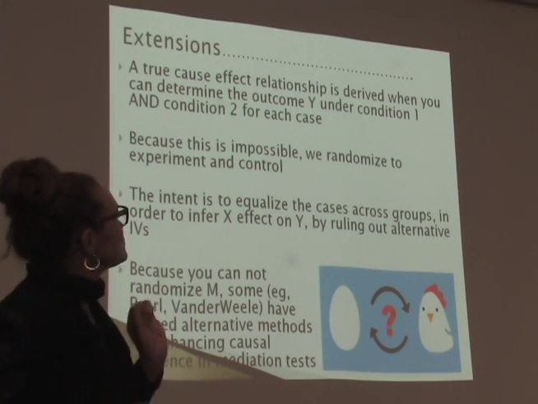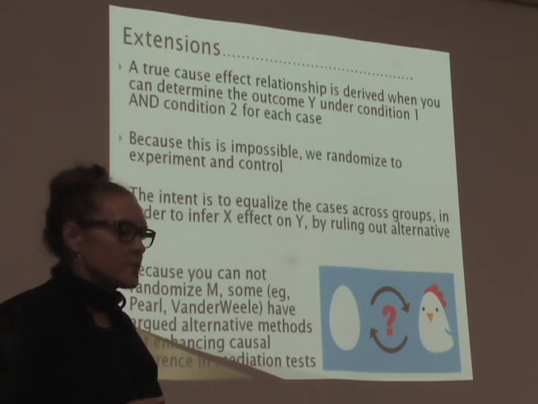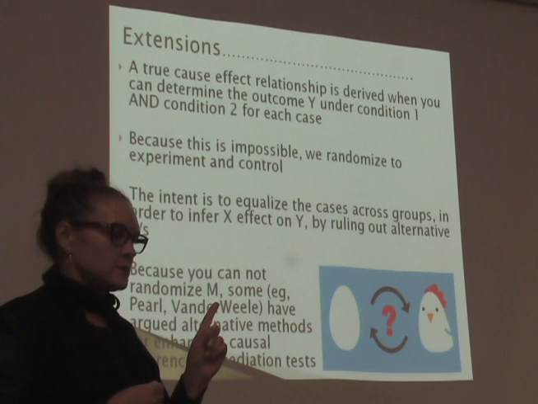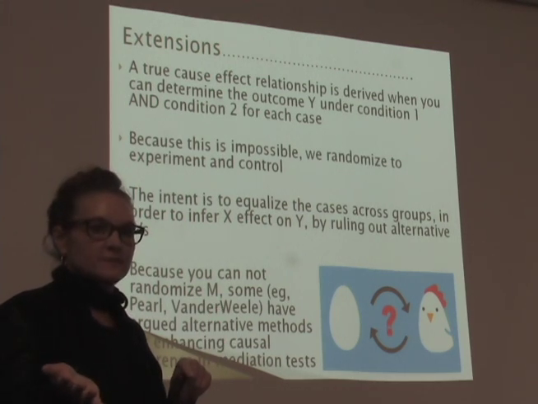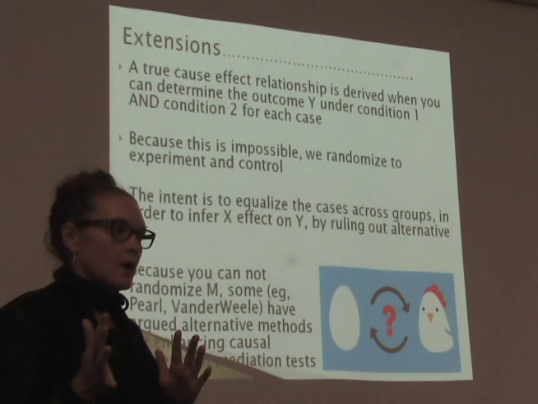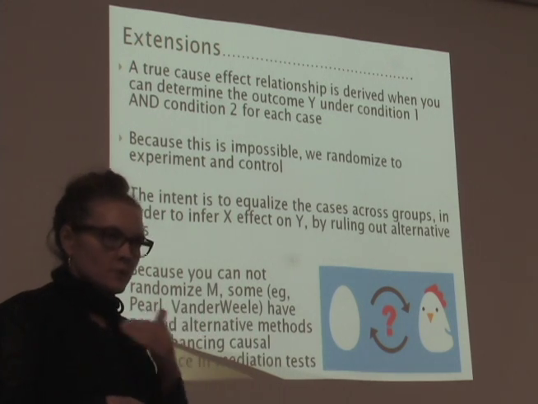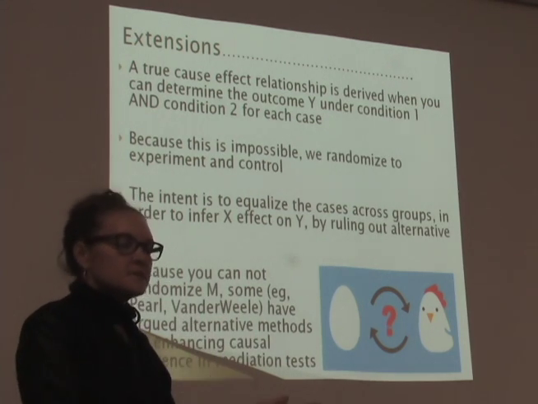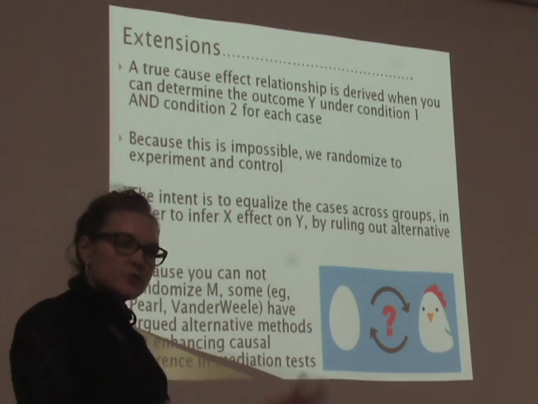A true cause-effect relationship is derived when you can determine the outcome Y under condition 1 and condition 2 for each case, right? You know the outcome under all feasible conditions. Because this is impossible to do, we randomize to experiment and control.